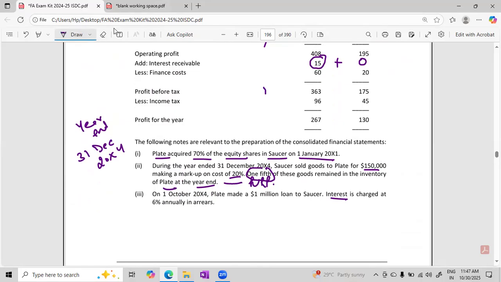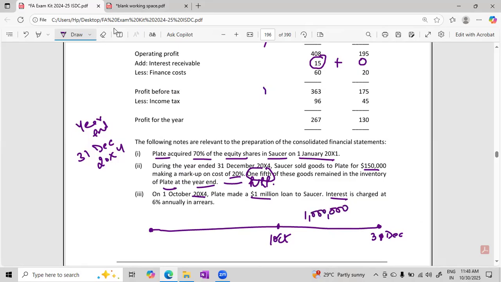On 1 October 20x4, Plate made 1 million loan to Saucer. Interest is charged at 6% annually in arrears. So this is our year end, 31 December, and the loan was made on 1 October. Over here, on 1 October, we made a loan of 1 million. So Plate has made this loan to Saucer.